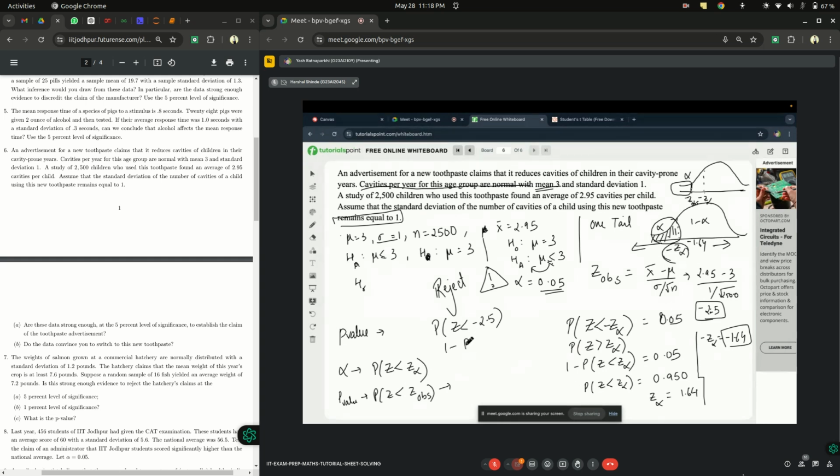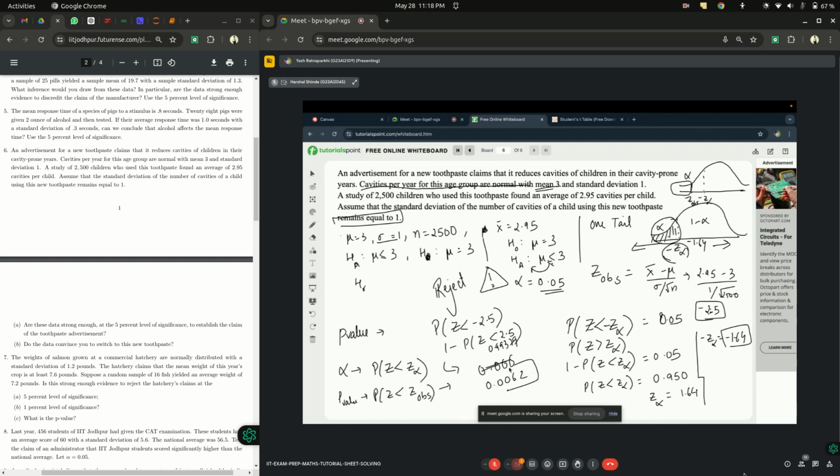Do it as 1 minus Z less than 2.5. Come on, fast. It is 0.99379, and when I subtract it from 1, I get 0.0062.